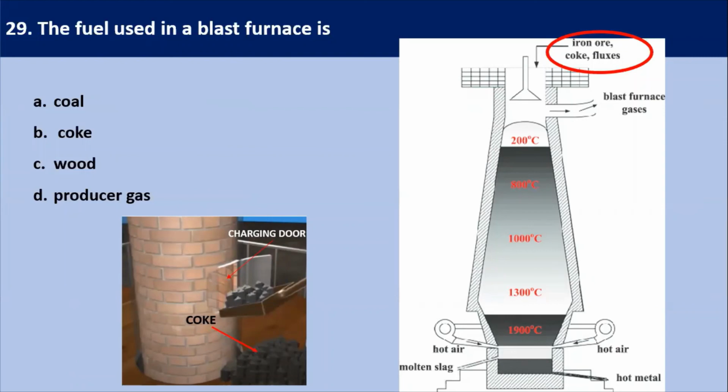It is used to reduce iron oxide to produce iron. It contains carbon which will react with the blast air to produce carbon monoxide. And that's why the fuel used in the blast furnace is coke.